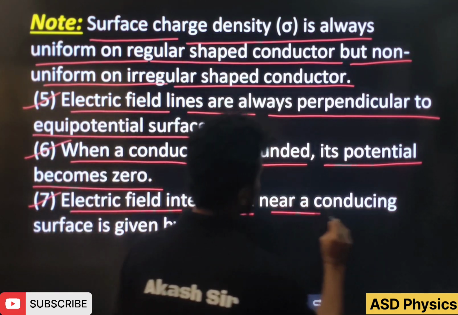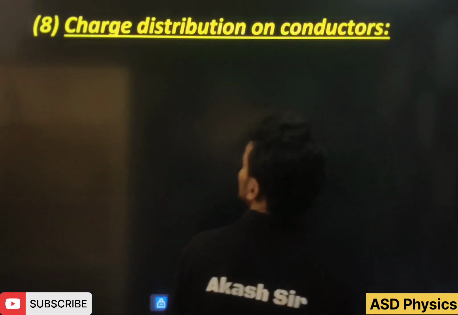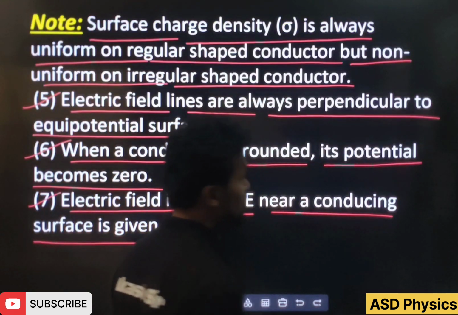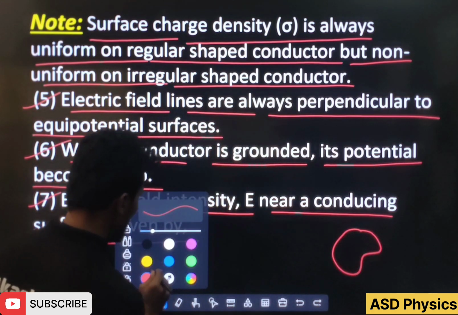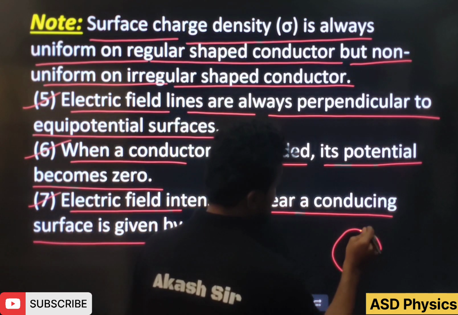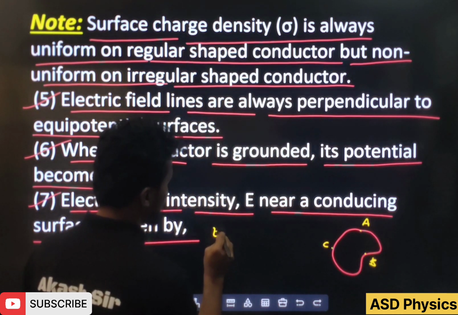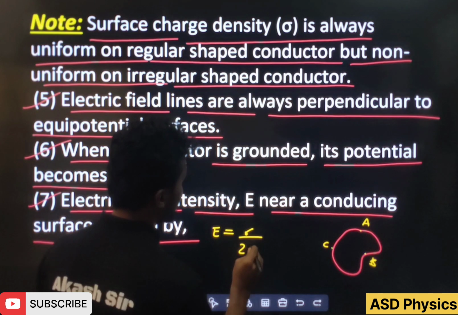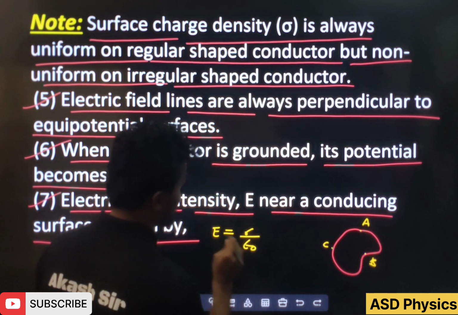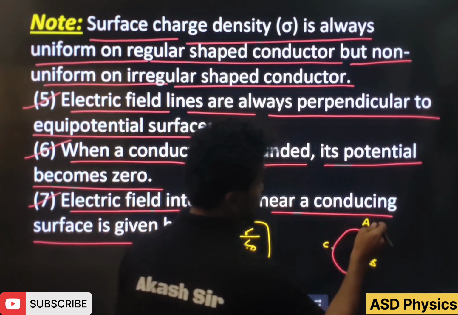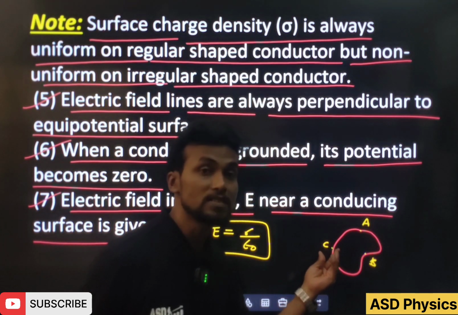Electric field intensity near a conducting surface is given by sigma by epsilon naught. Suppose some conductor is there like this, and I have taken point A, point B and point C. At these points the field is sigma A by epsilon naught, sigma B by epsilon naught, sigma C by epsilon naught.